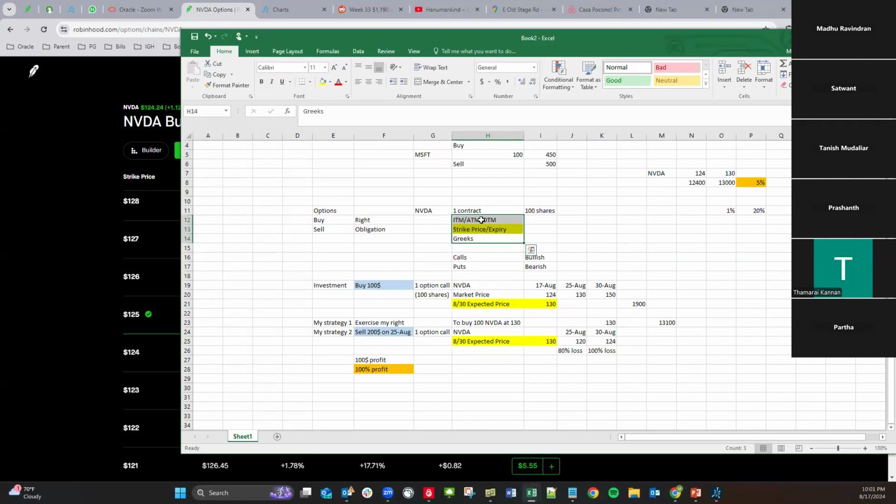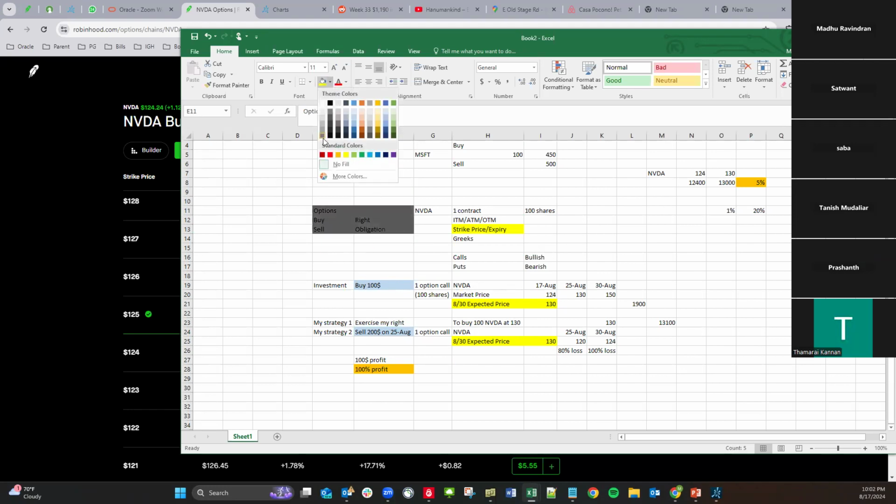Okay, Madhu, if by the expected date we don't sell the options, then are we obligated to buy this stock at that price? No. Okay, good point, Sabas. This is one main thing to remember: when you buy an option, you have a right to exercise it, which means you don't have an obligation.